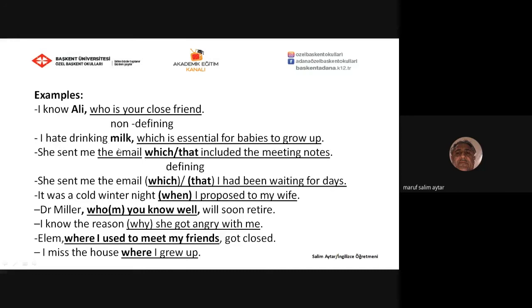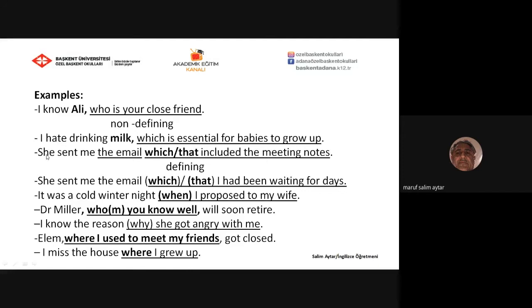And remember what I said about milk, okay? The general concept of milk. Somebody says she hates drinking milk, which is essential for babies to grow up. I mean, this information is put into commas, and this is not necessary. It just gives extra information, okay?